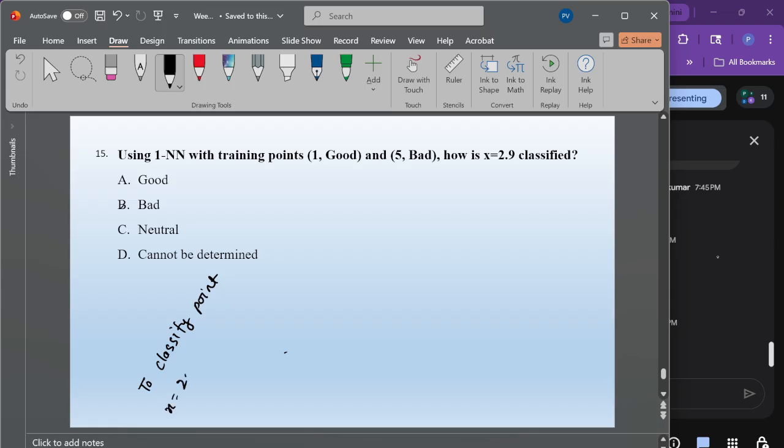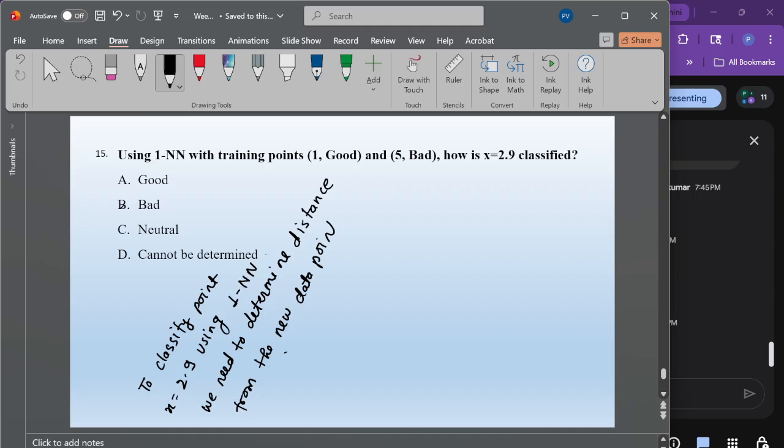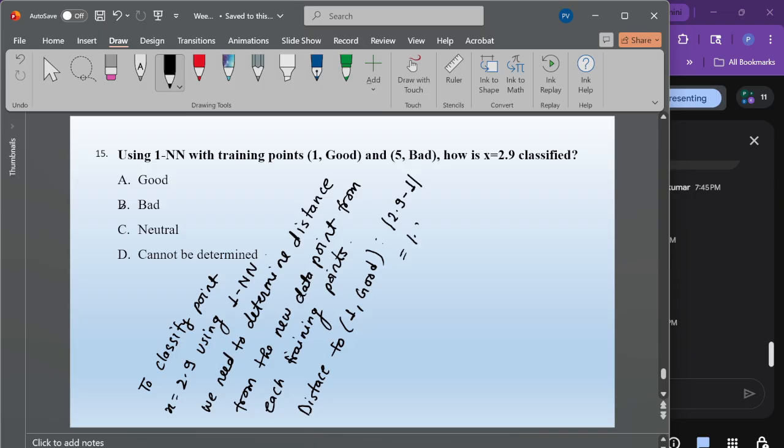To classify the point x equal to 2.9 using one nearest neighbor, we need to determine the distance from the new data point to each training point. The distance to the point 1, which is classified as good: 2.9 minus 1, here we get 1.9.